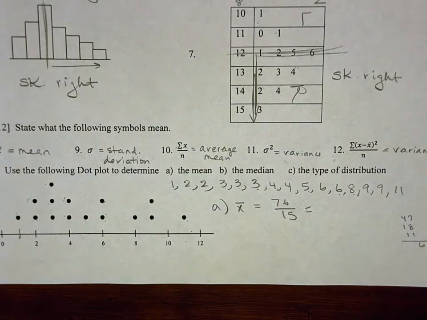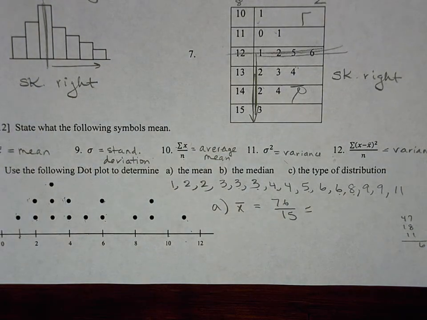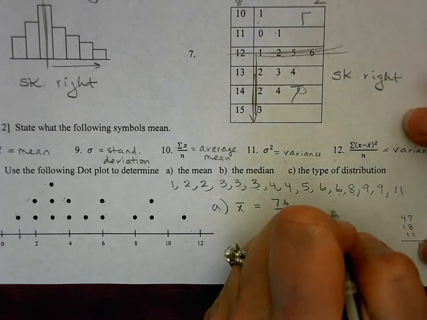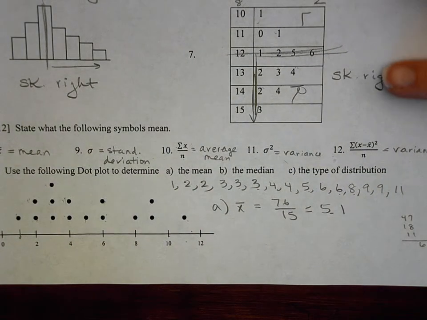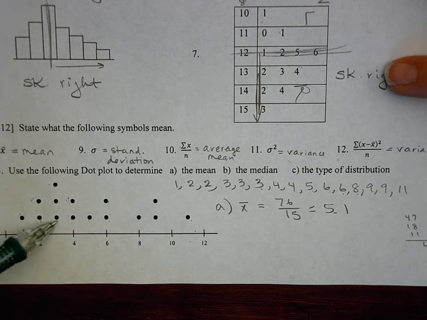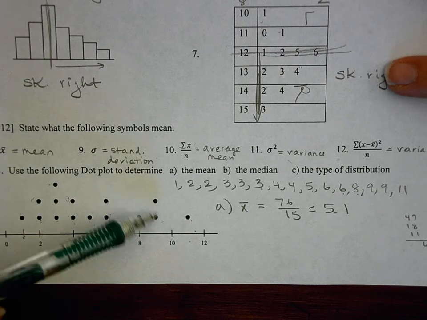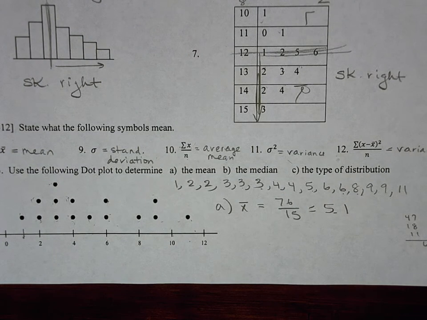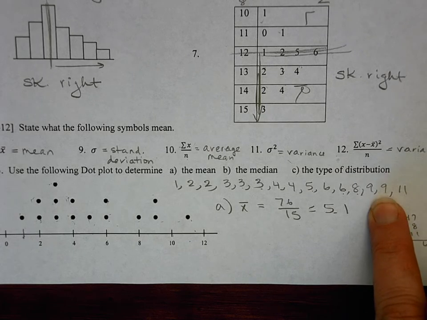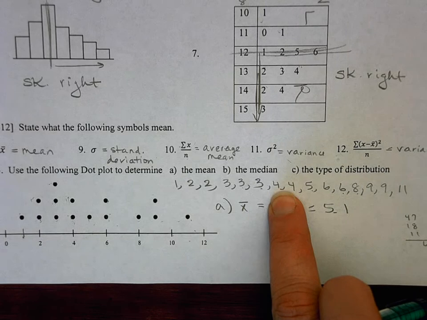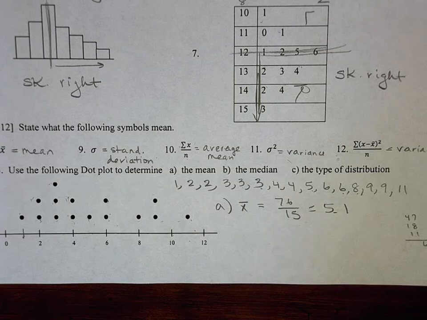I meant to do that ahead of time and forgot, so let me get this real quick. 76 divided by 15, I get 5.06, so 5.1. So there's my average. Let me count my dots just to make sure I didn't leave anything behind. I have 15 of them. Let me do a quick add up just to double check my numbers. Okay, yeah, that's right.